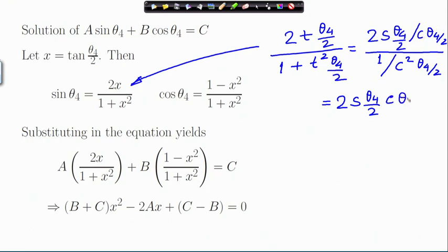So, this only leaves 1 cos theta 4 by 2. So, 2 sin theta 4 by 2 into cos theta 4 by 2 is sin theta 4.